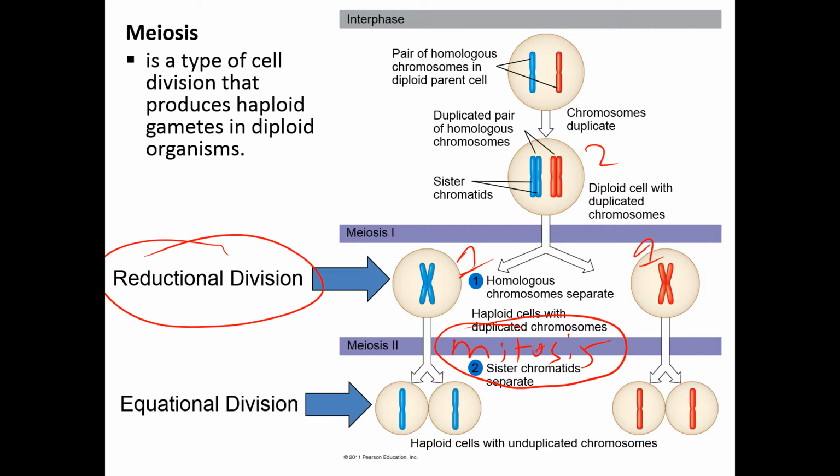So this is a form of equational division, equal division. Now your sister chromatids separate from one another, and each daughter cell now has a single individual chromosome, in this example.